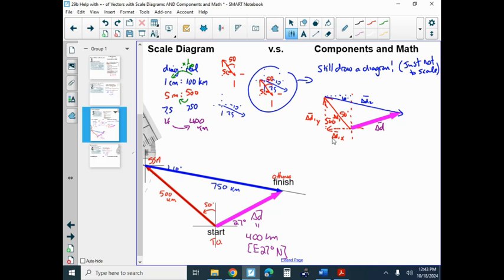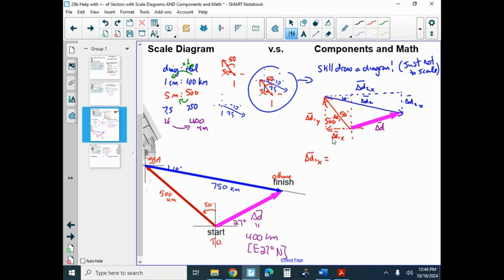Kind of heavy on labels, but it's good communication. And then here we have delta D2 x and y components. We just have to calculate those things, right? So let's do that. We have delta D1 x component.